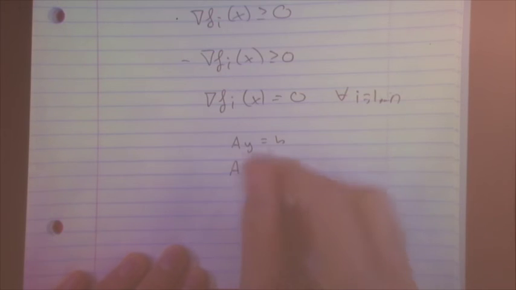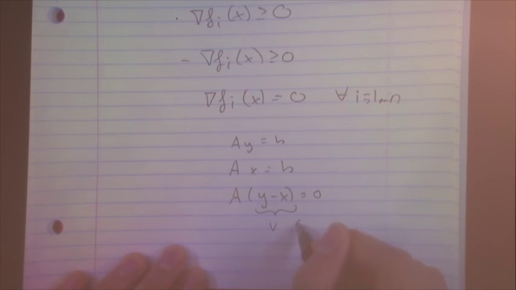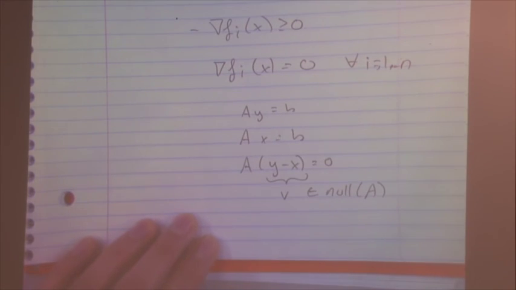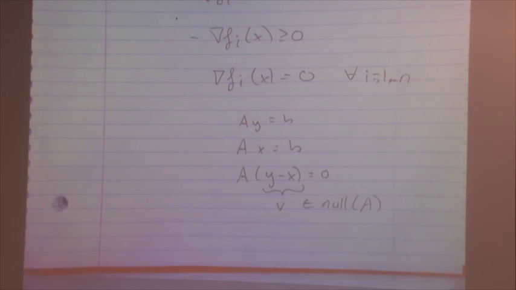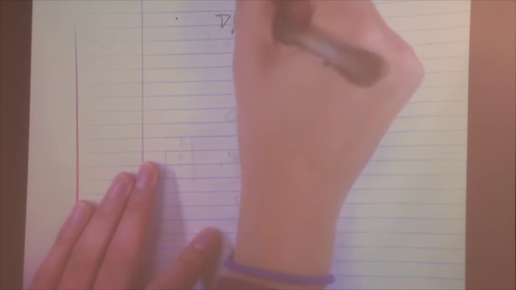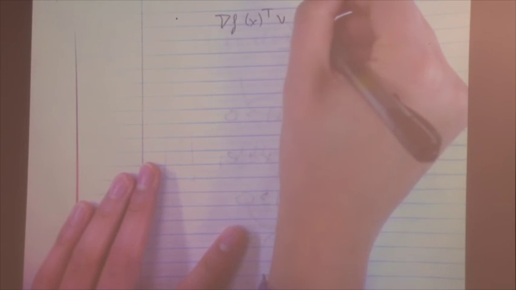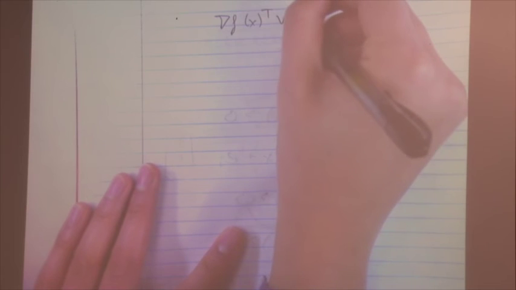I'm just going to subtract them. So now I know that y minus x satisfies this, and I'm just going to name it v because Ryan named it v. And so that is in the null space of A. So if we go back to our first order optimality condition that we learned in the general case, what this means is that the gradient of f dotted with every element of the null space of A is going to be greater than or equal to 0.